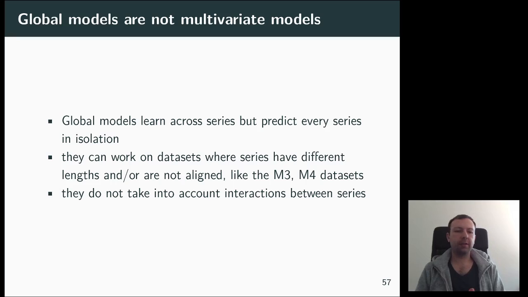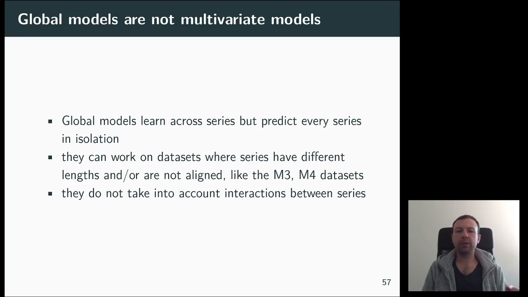I think this difference is most understandable when you look at a data set that is not aligned in time, where the series have very different lengths, one starts 10 years ago, one starts 2 years ago, and the M3 and the M4 data sets are actually put together exactly like that, right?